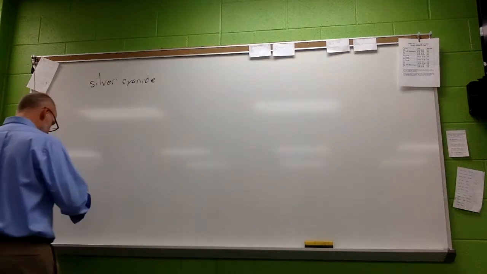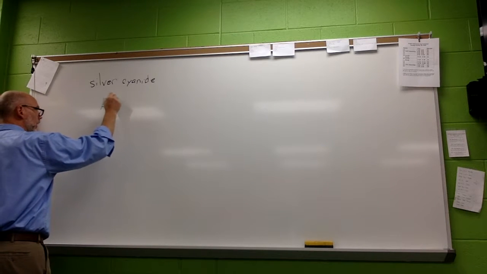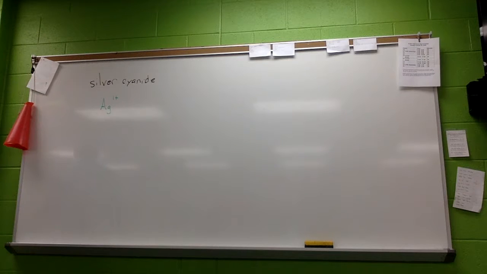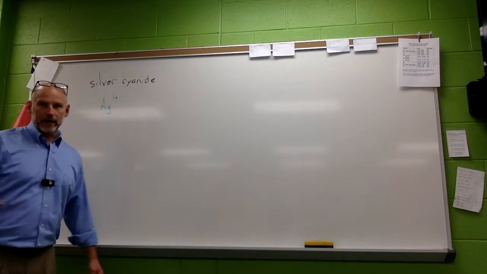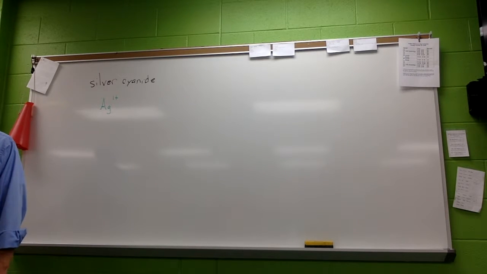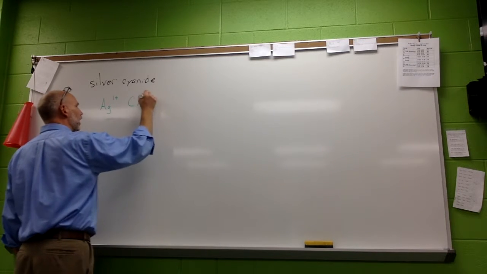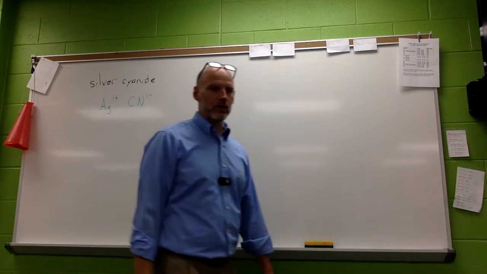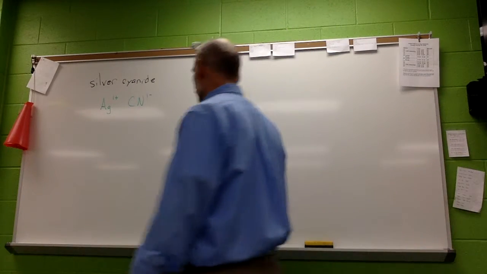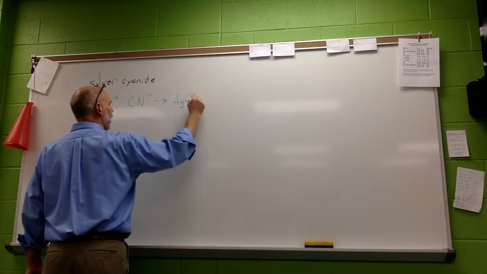So we write the symbol and charge for silver, which everyone knows is Ag with a 1 plus, because silver is one of the three that you're going to have to memorize. Cyanide. Okay? Does anyone recognize cyanide yet? Probably not, because you haven't studied these. Well, again, this is why you're going to have to do that. Cyanide is CN with a 1 negative charge. Do the charges cancel? Yes, they do. So we just write AgCN.